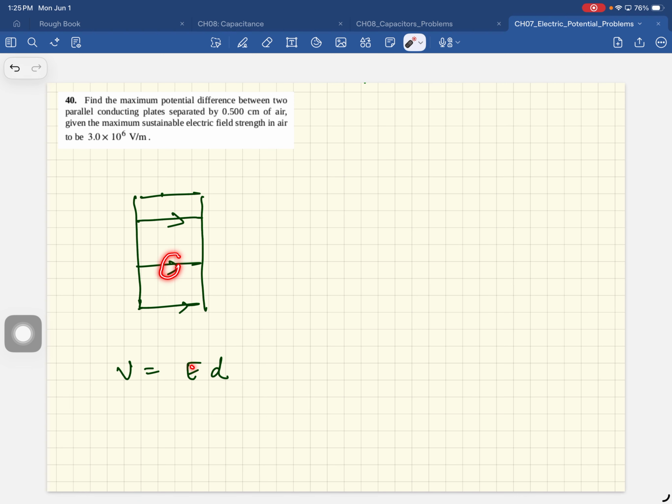That's 3.31 into 10 to the 6 volts. So right next to one fragment, the voltage is 3 million volts.